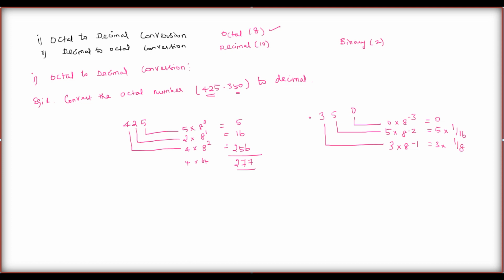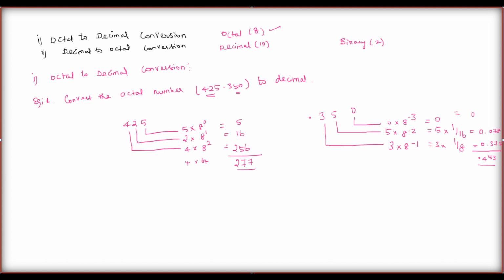Then what is the answer? We get 0, then 0.078, then after that 3 into 1 by 8 is 0.375. We add all of this and get 0.453.